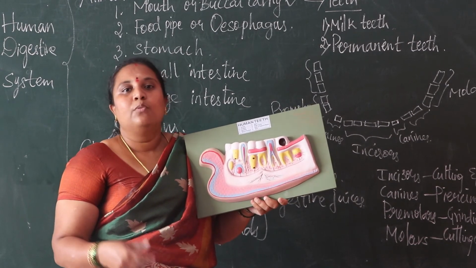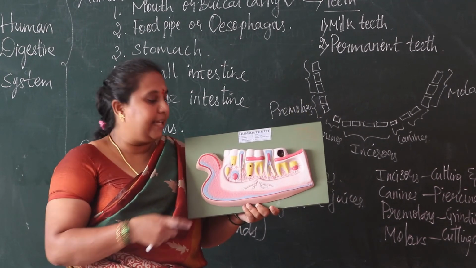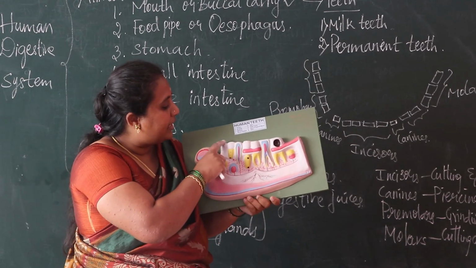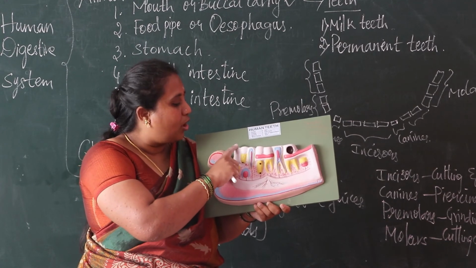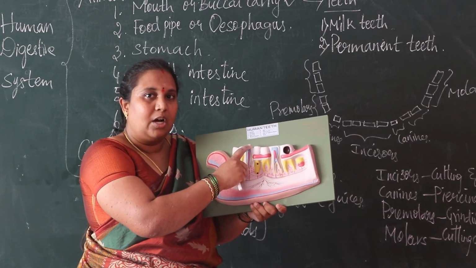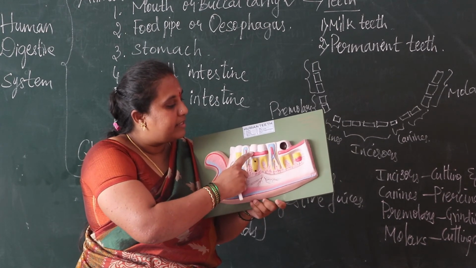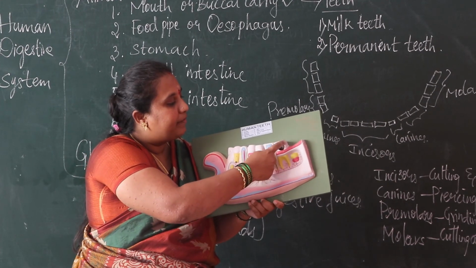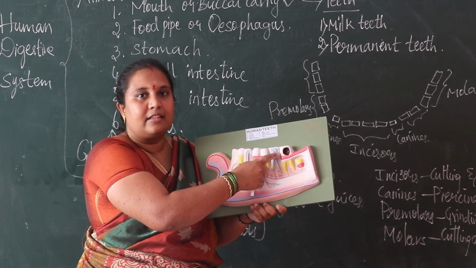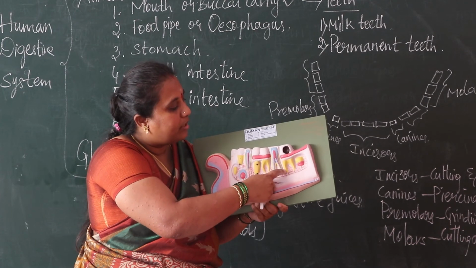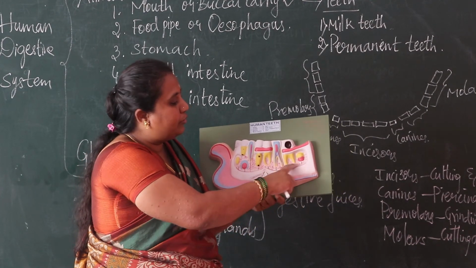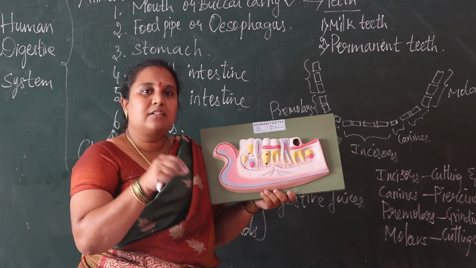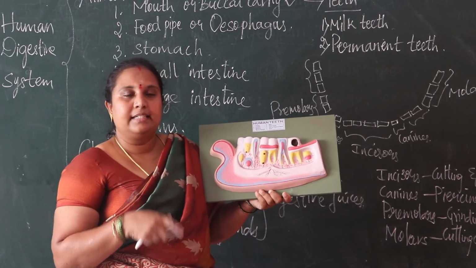So we want to prevent this. First the bacteria comes on the layer of the teeth, then it moves inside and fully affects the teeth, then it moves to the roots, which causes the loss of the teeth.